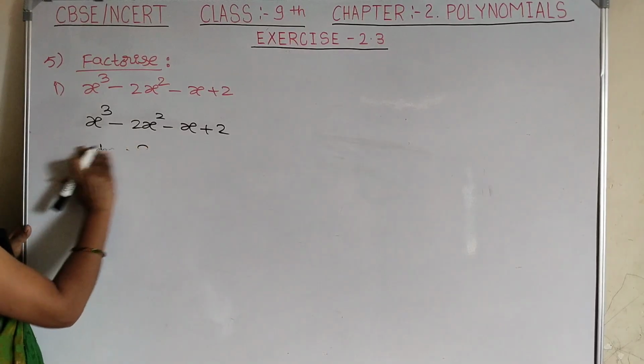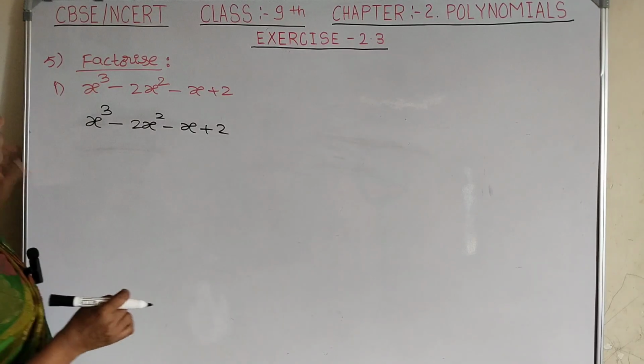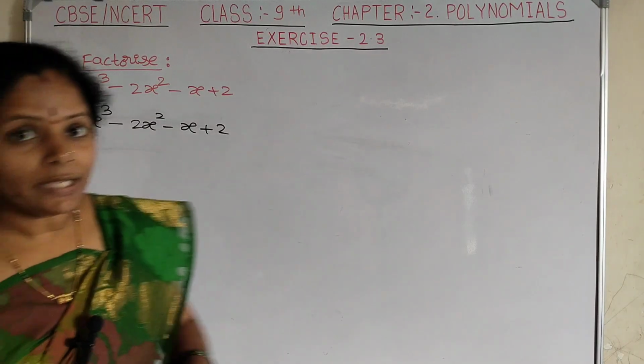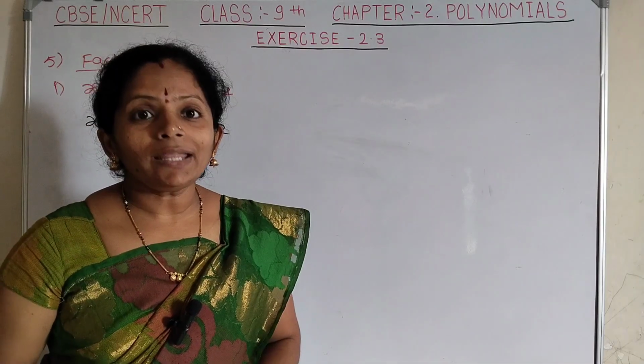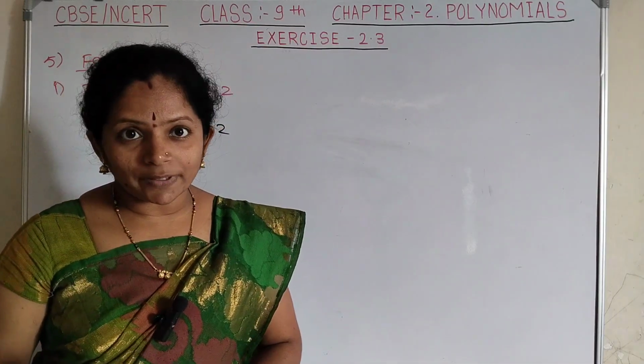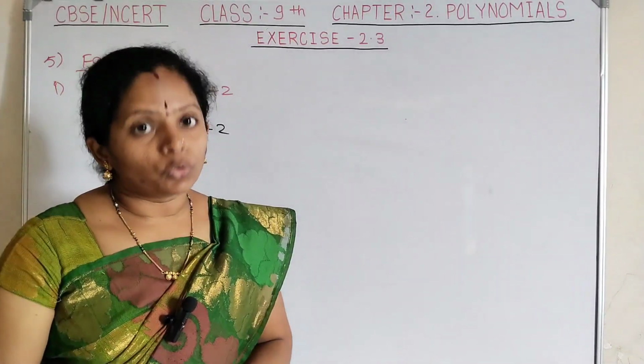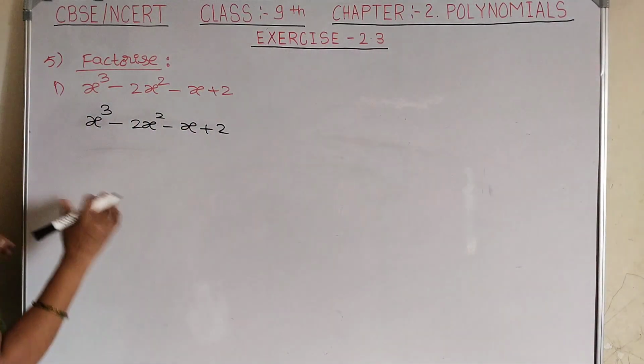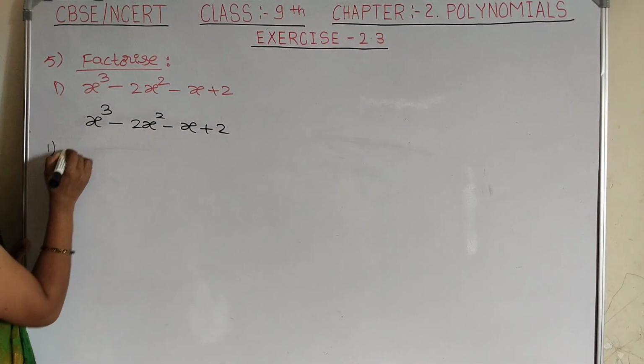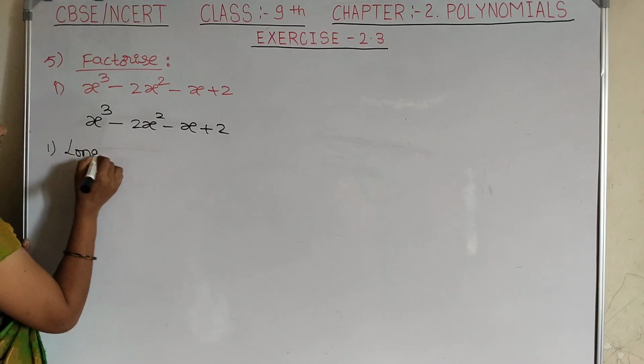Fine. We are going to factorize this in two ways. One is the long division method and the second one is the rational root theorem. We are going to use a theorem. First one, the long division method.